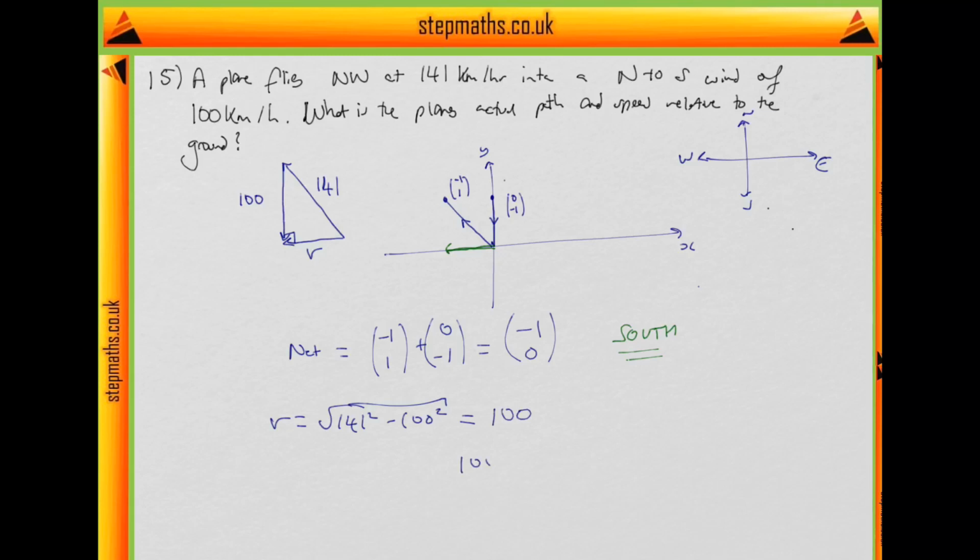So it goes at 100 kilometers per hour. Sorry, I don't know why I called this south. It's to the west, obviously, because clearly it's going from right to left. So it's 100 kilometers per hour west.